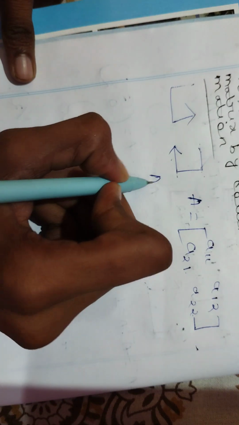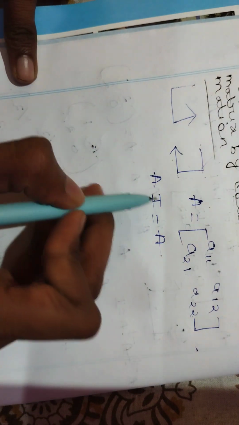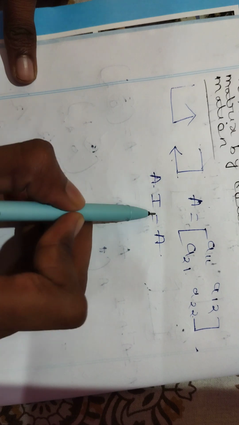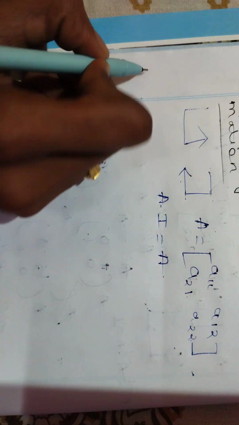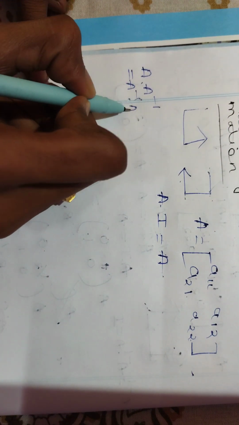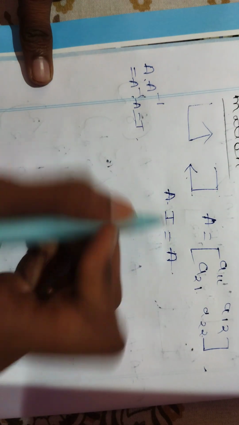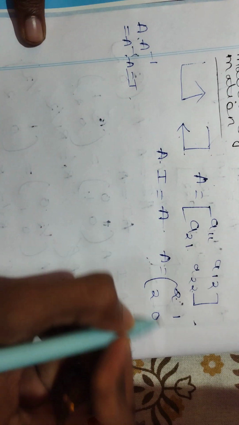A into I equals A, as we know, because if the identity matrix is multiplied with a matrix, it results in the original matrix. We also know that A into A inverse equals A inverse into A equals the identity matrix. Let's give an example: A is 2 1, 2 0.